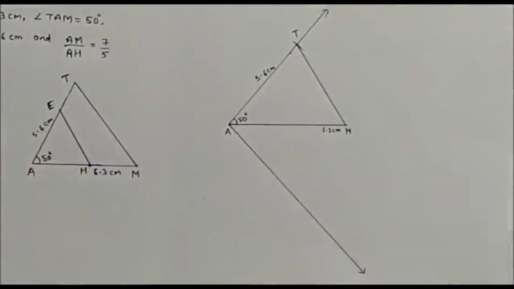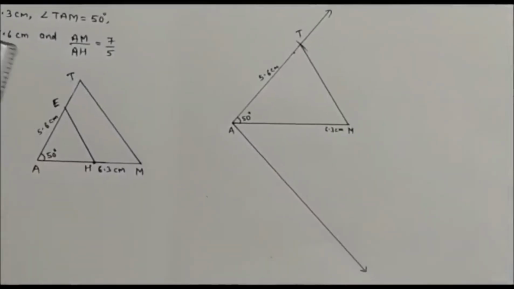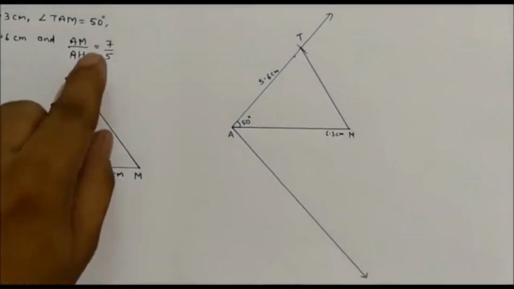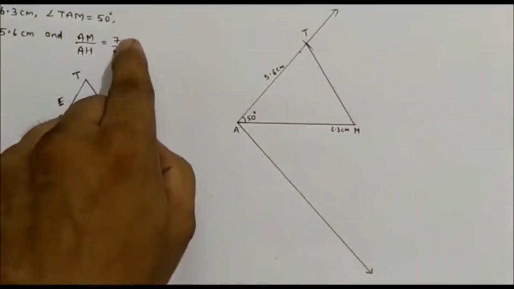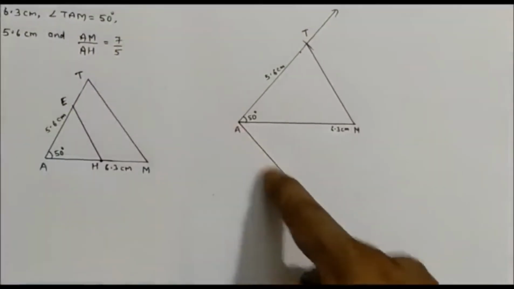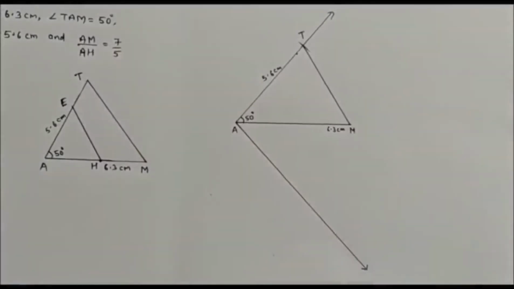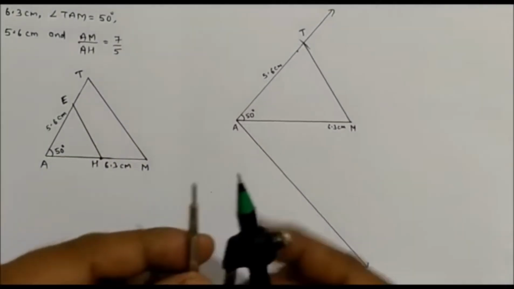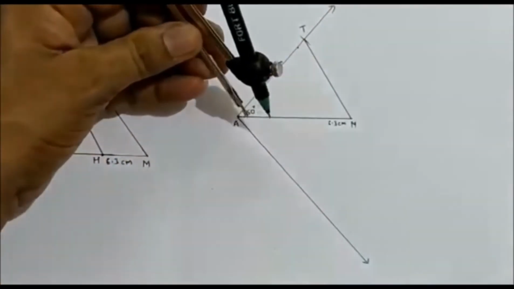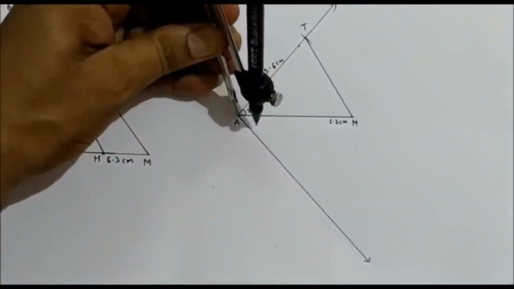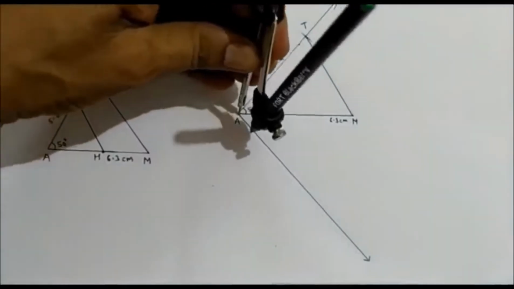Now you can see the ratio AM 7, AH 5. The 7 is bigger, so here we are going to divide in 7 arcs. You can take a small distance, maybe around 1 centimeter, and from here you cut 7 arcs.